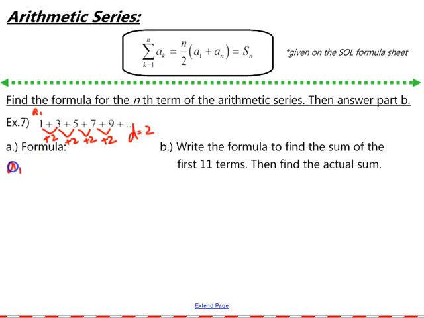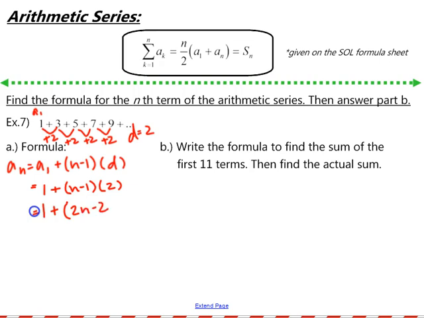So let's start with that general formula and then substitute in our values that we know. And then we're going to go ahead and simplify. And then our formula for the nth term is going to be a sub n equals 2n minus 1.